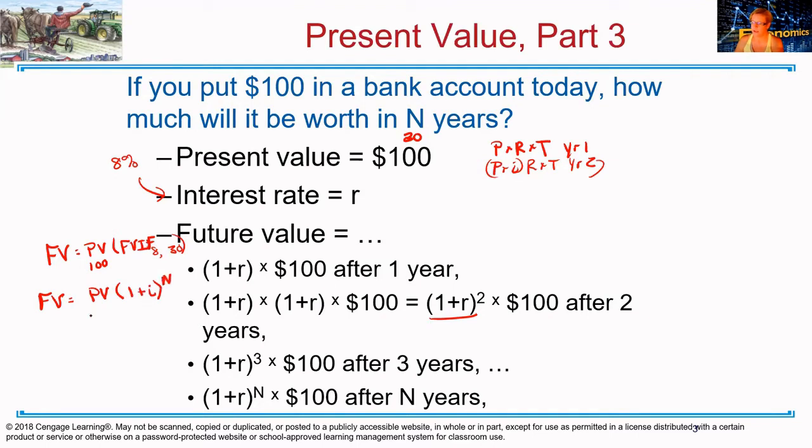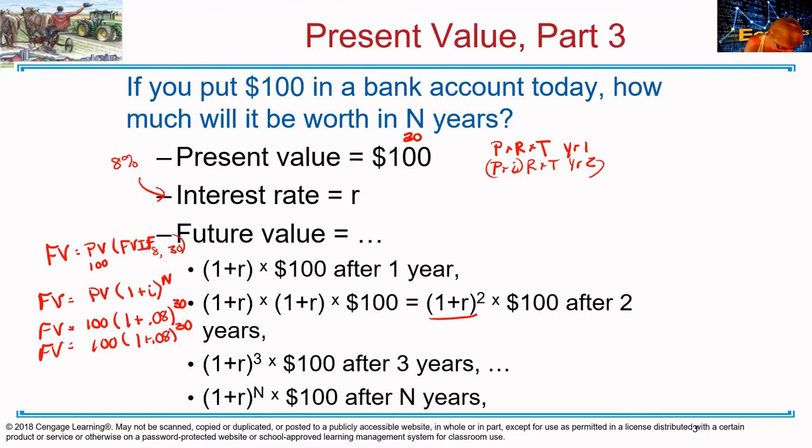So if we're using this problem, our present value is 100, so the future value is equal to 100 times 1 plus the interest rate, 0.08, and then we're going to take that to the 30th power. Essentially we have the future value is equal to 100 times 1 plus 0.08 to the 30th power.